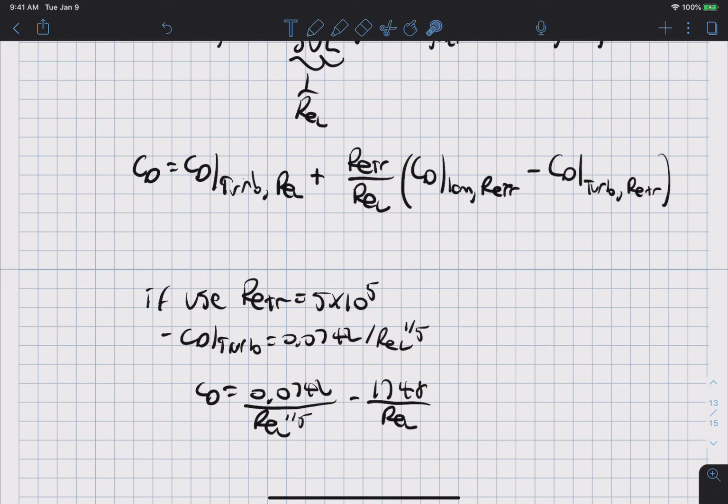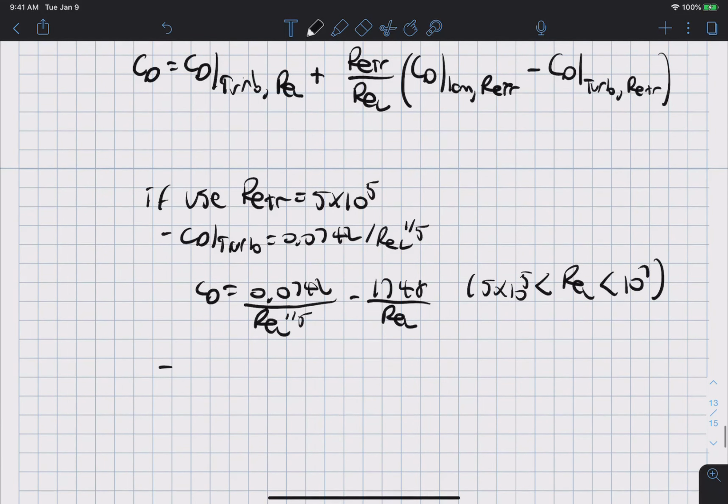And the 1748 over REL is just evaluating this. Okay? And that just turns out to be a number. Okay, and this is valid for 5 times 10 to the 5th less than REL less than 10 to the 7.